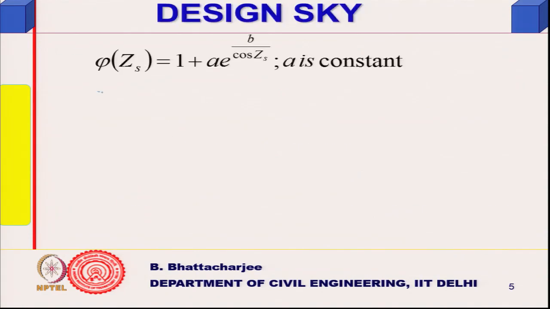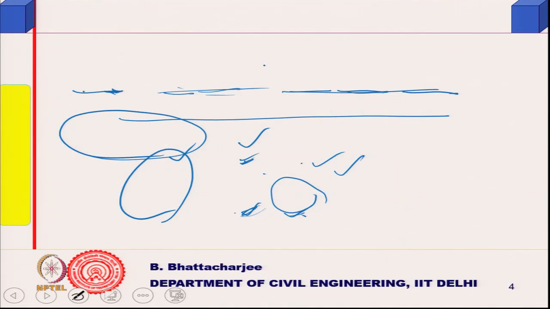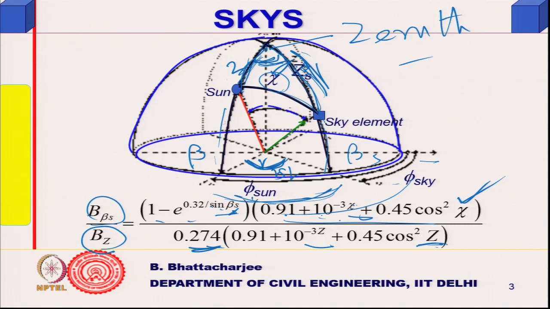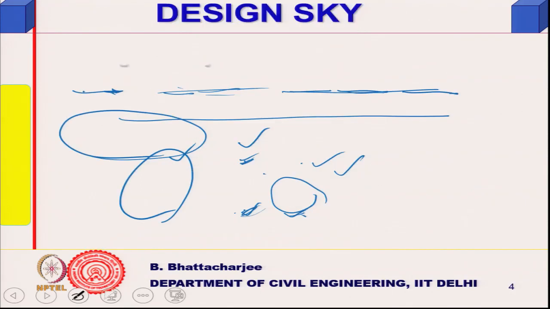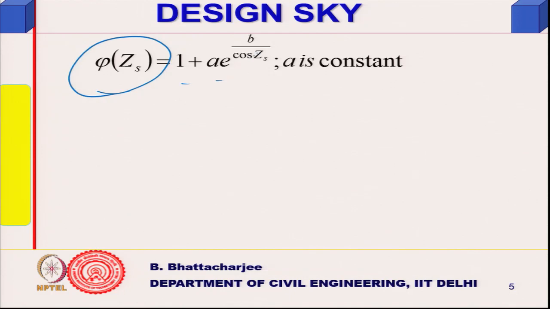So, this function is given as 1 plus a e to the power b divided by cos z s.